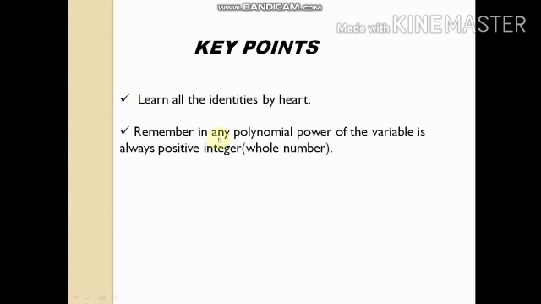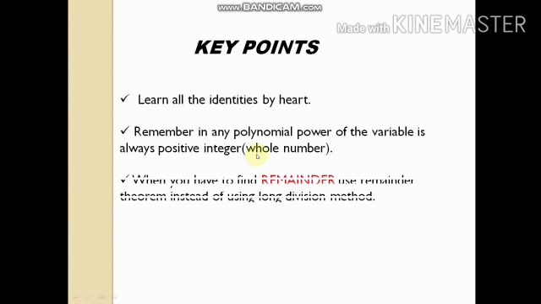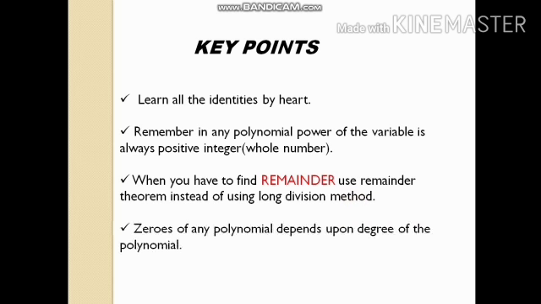Second, remember, in any polynomial, the power of the variable is always a positive integer. Next, when you have to find a remainder, use the remainder theorem instead of the long division method, because the long division method is a little bit confusing and time taking. Zeros of any polynomial depend upon the degree of the polynomial.